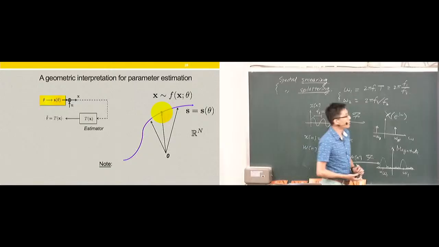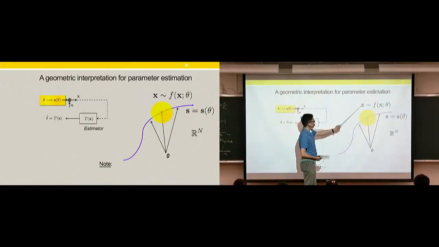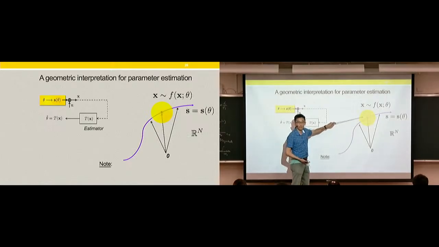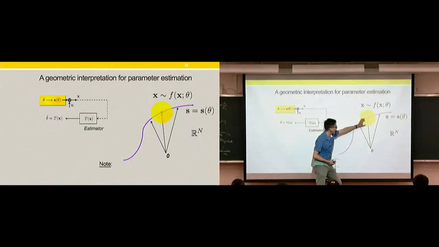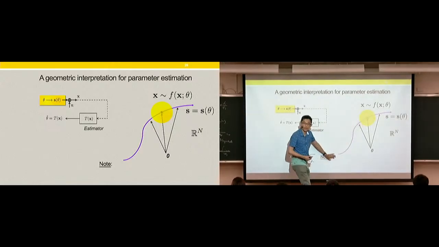So here, that's what is meant when we say X follows a distribution, but that distribution is parameterized. Okay? Depending on where theta is, this cloud, this yellow ball can move. You imagine a yellow ball moving around along the path.